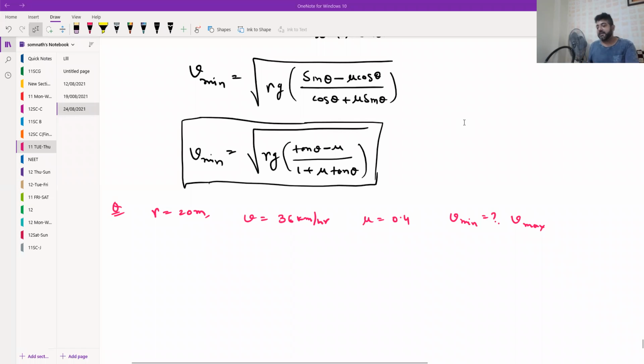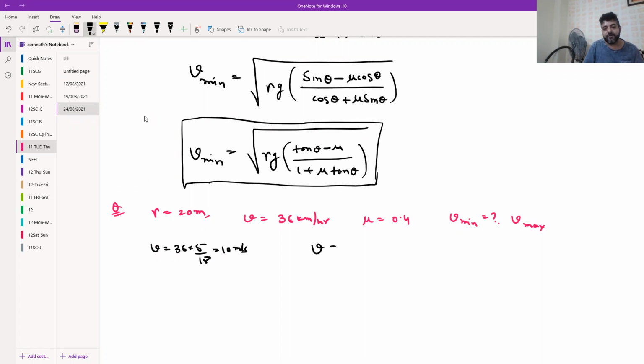First of all, a turn of radius 20 meter is banked for a vehicle going at a speed of 36 kilometer per hour. So I can make 36 into 5 by 18, that is 10 meter per second.